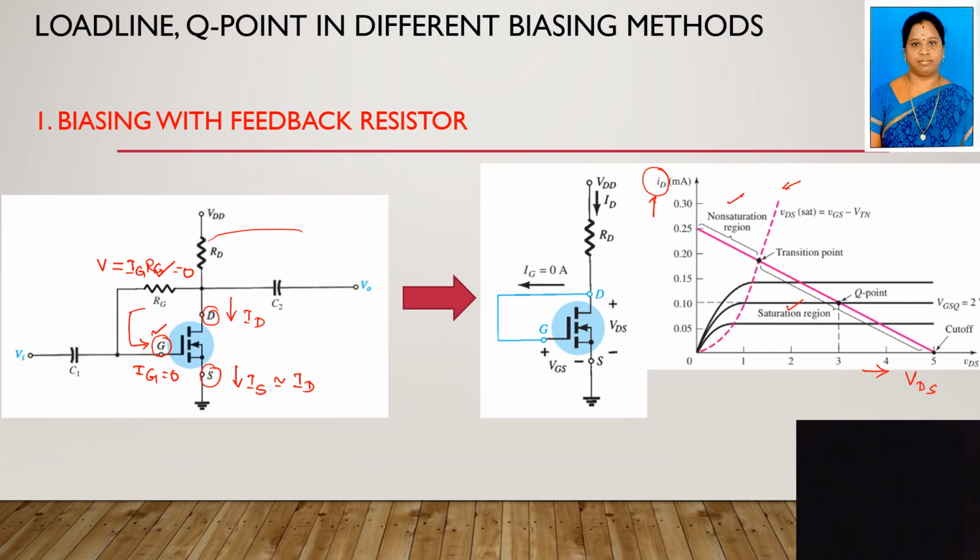So from here to here is the saturation region. Out of this whole region, where do we fix the Q point? Always we have to fix the Q point in the middle of the load line.